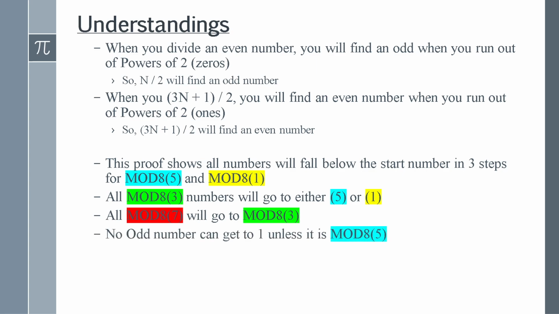Right, no odd number can get to 1 unless it's mod 5. And they're very particular, right? It has to be 101, and then we're going to add a 10 to the left of the 5. So 5 is the first number that can get to 1. 21 is the next. 85 would be 1010101, and 341, and so on.